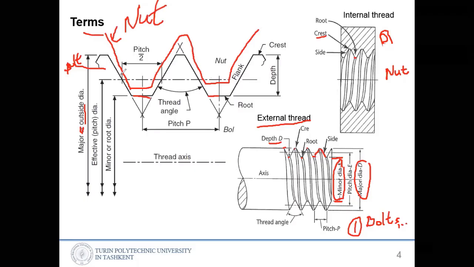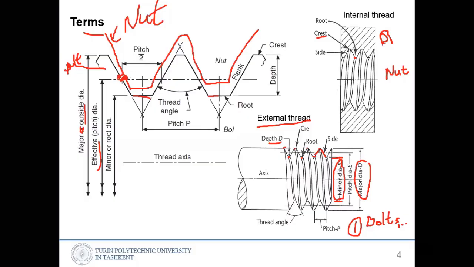When the bolt and nut touch here in the middle, at the center, we have more pressure. That point we call the effective pitch point. Usually it is in the middle between minor diameter and major diameter. So that is the effective pitch.